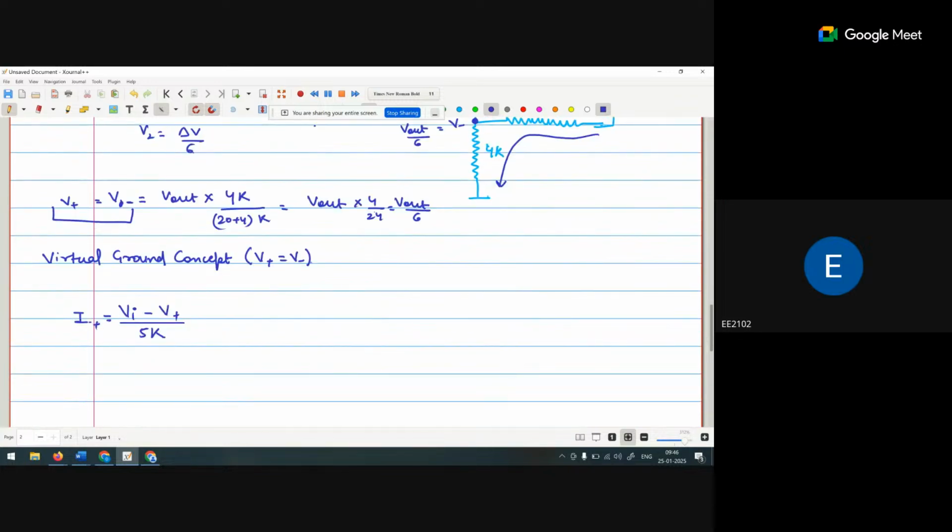What is the value of I positive? Vi we know is 5, minus V positive, which is V out by 6, upon 5K. So 30 minus V out upon 30K, that is the I positive current.